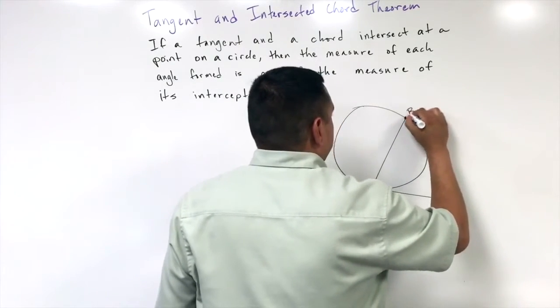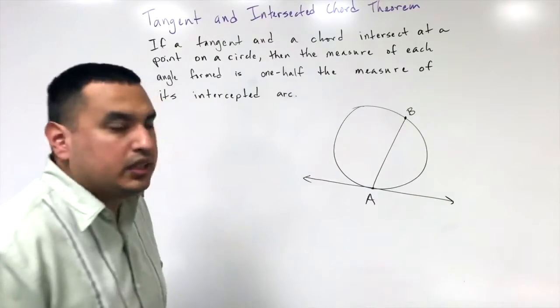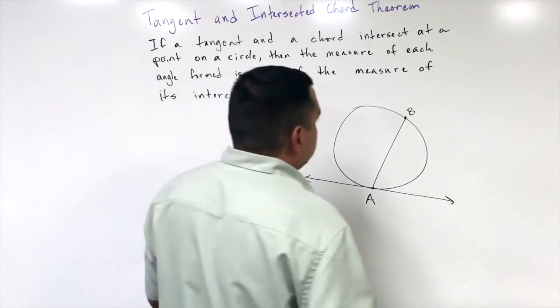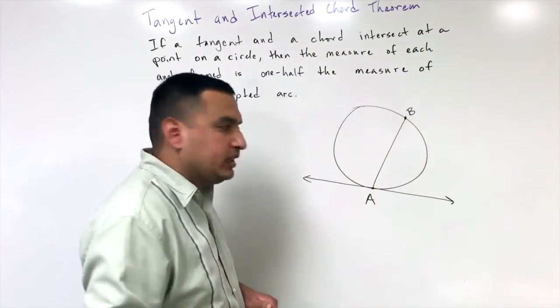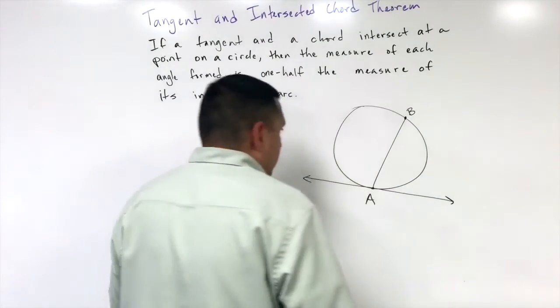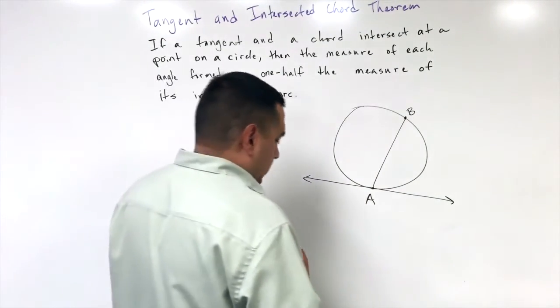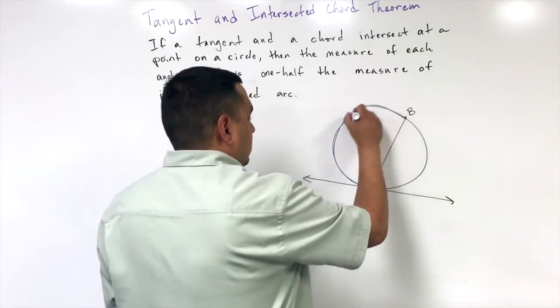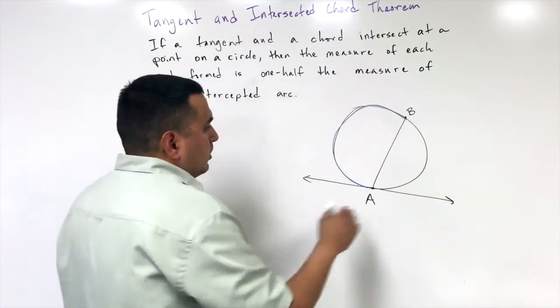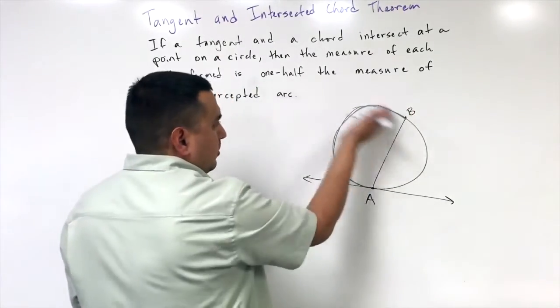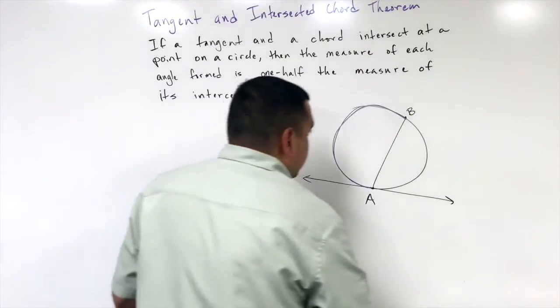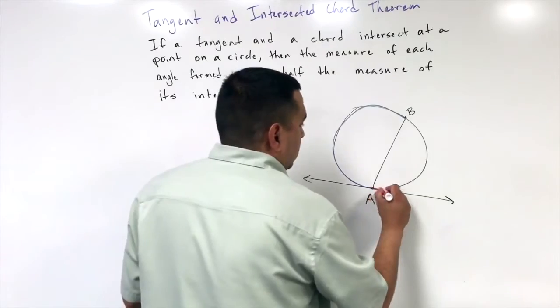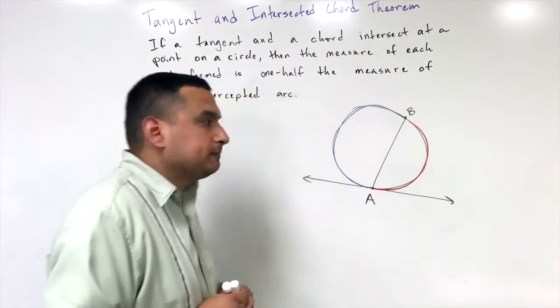We'll call that B. Now what that does is split this circle into two pieces. There's one arc that goes this way on the left, and then a different arc that goes this direction from A to B.